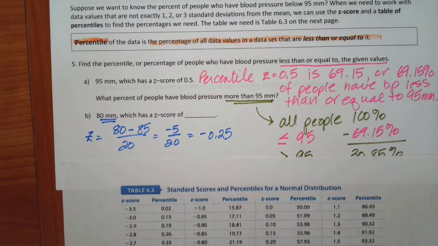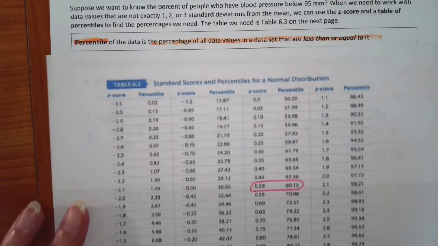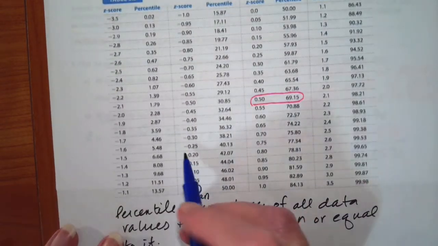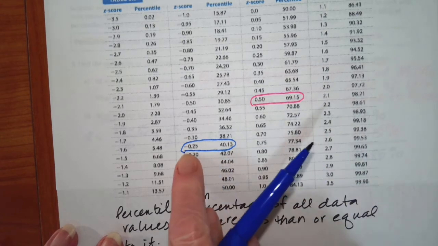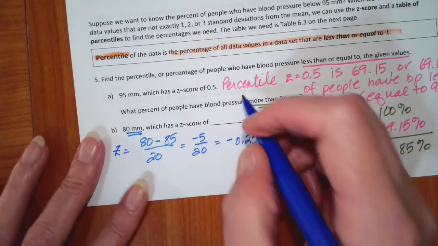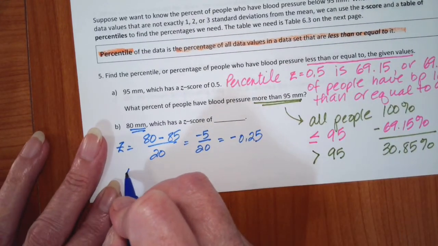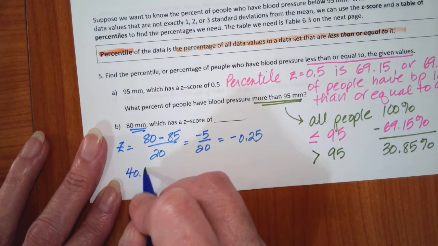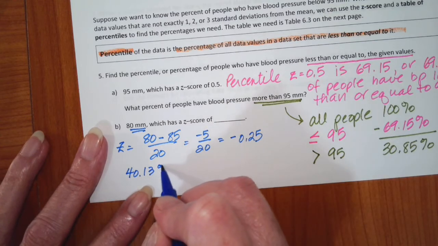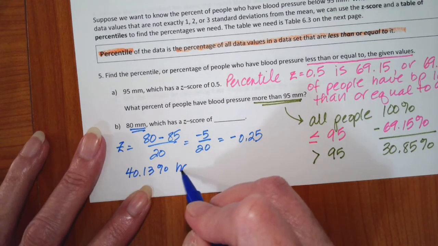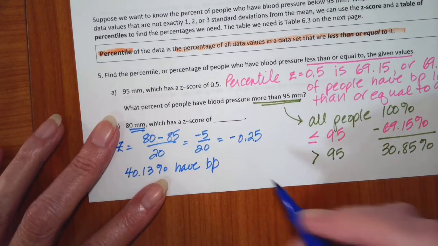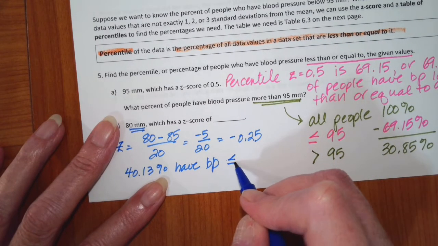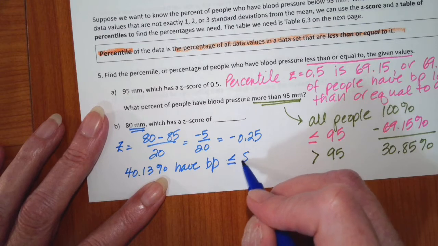If I look at negative 0.25 on my table, a z-score of negative 0.25, that tells me 40.13% have blood pressure less than or equal to 80.